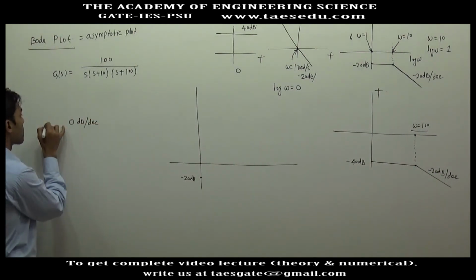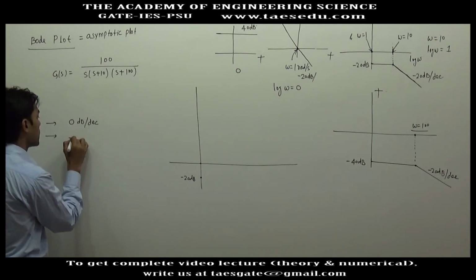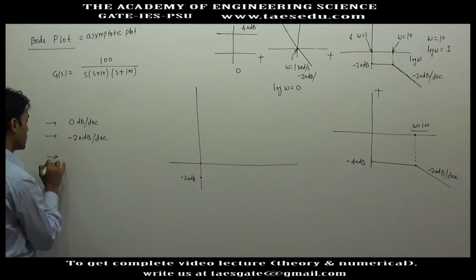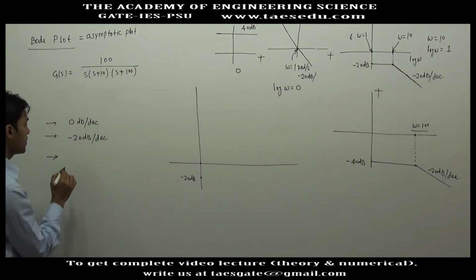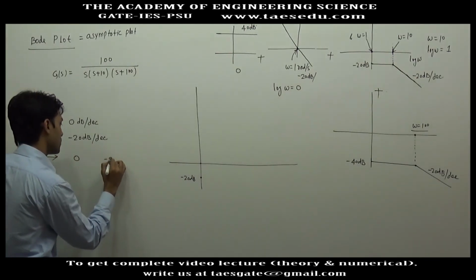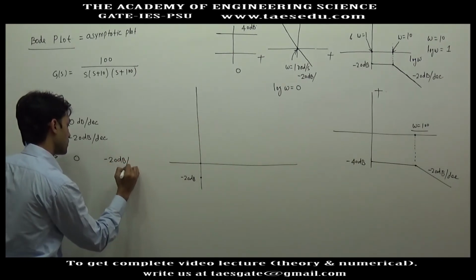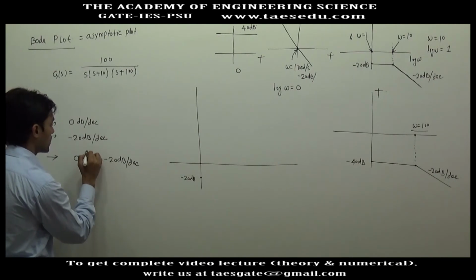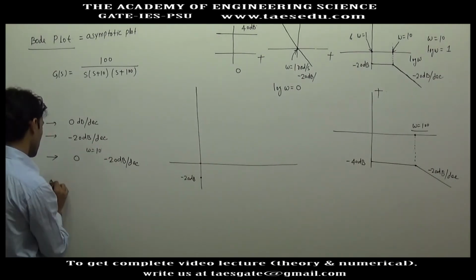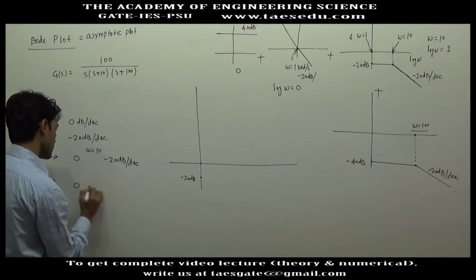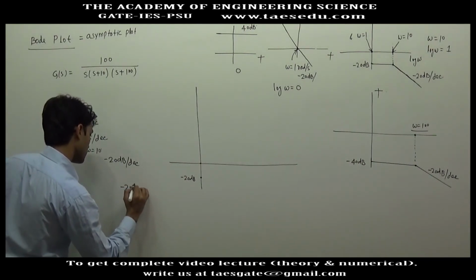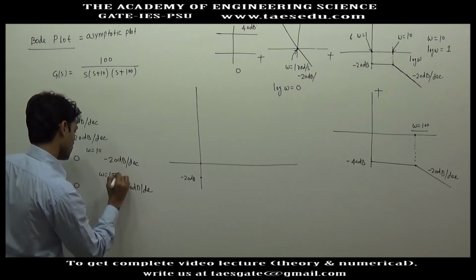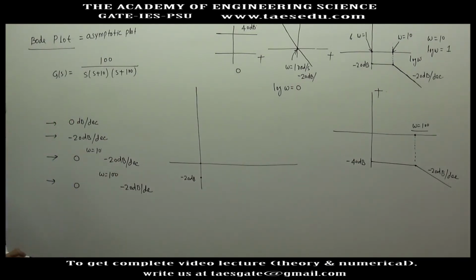For the second, we get minus 20 dB per decade. For the third, we get 0 and minus 20 dB per decade with boundary omega equal to 10 radian. For the fourth one, we get 0 and minus 20 dB per decade, and the boundary is omega equal to 100 radian per second.